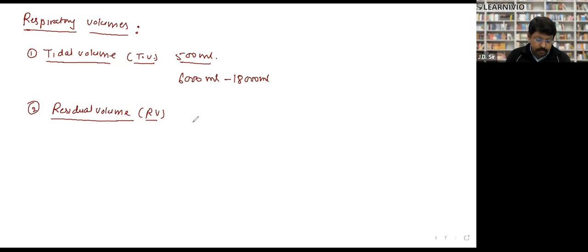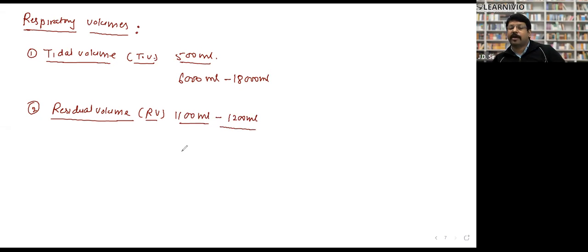This is about 1100 ml to 1200 ml. So every time, minimum 1100 to 1200 ml of air will be inside our lungs. We cannot pull this air out of our lungs, right? So this is called RV, residual volume.